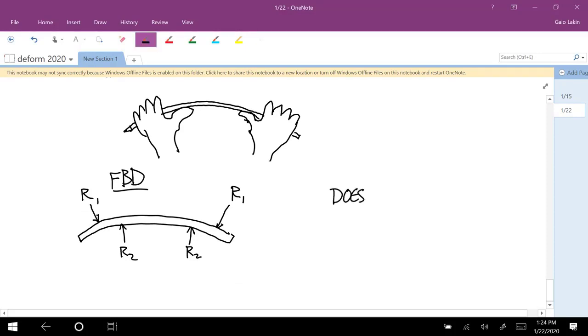So it doesn't break where those external loads are applied.